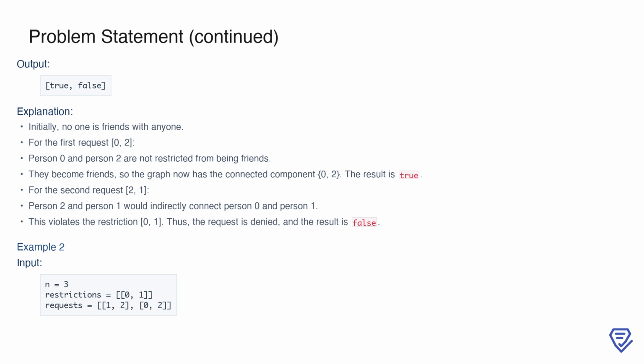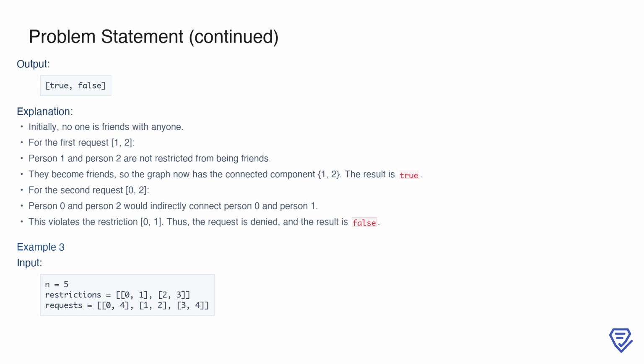This example illustrates how restrictions can apply not only to direct friendships but also to indirect connections within the network. In example 2, we again have n equals 3 and restrictions equals [0, 1], but the requests are [1, 2] and [0, 2]. The output is true, false. For the first request, 1, 2, there is no restriction preventing person 1 and person 2 from becoming friends.